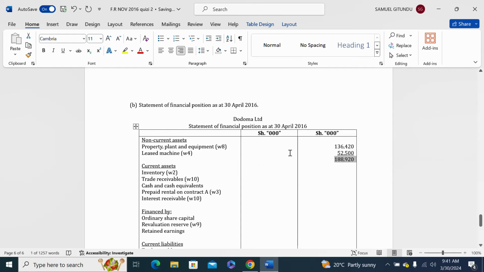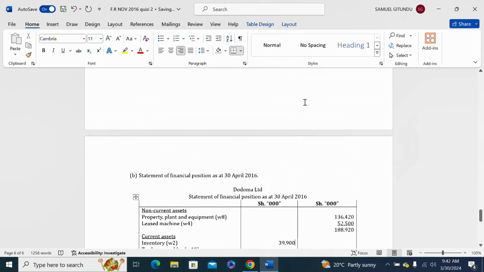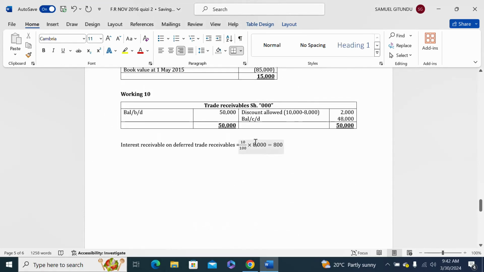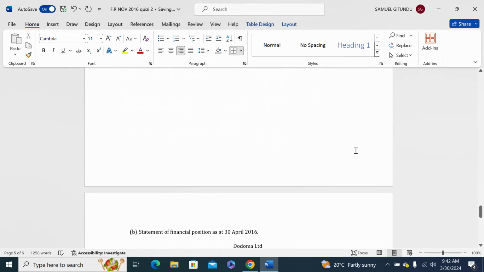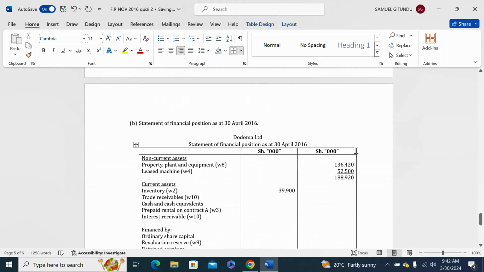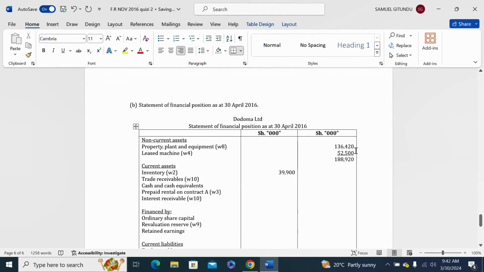Under the current assets, I start with the inventory. Inventory in working note number 2, we got the inventory as 39,900. Then the trade receivable in our working note number 10 is 48,000.